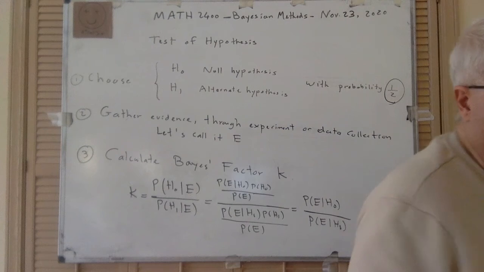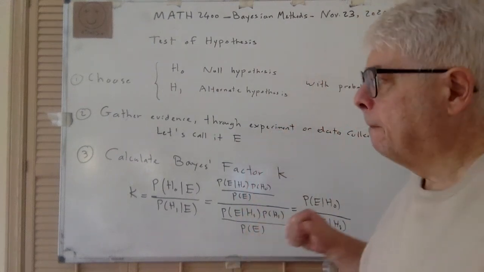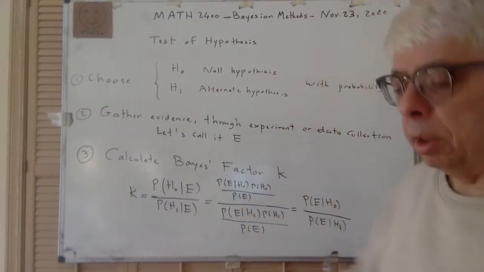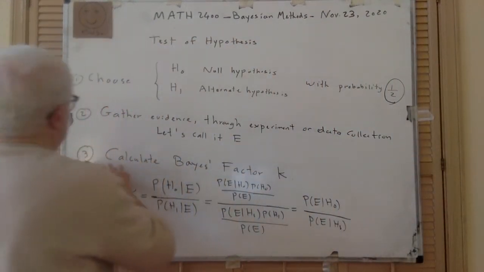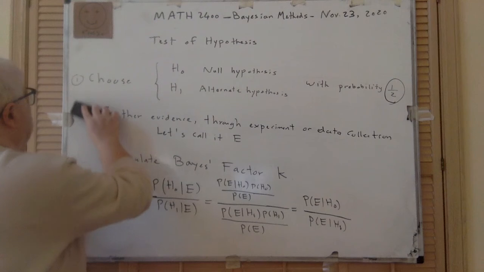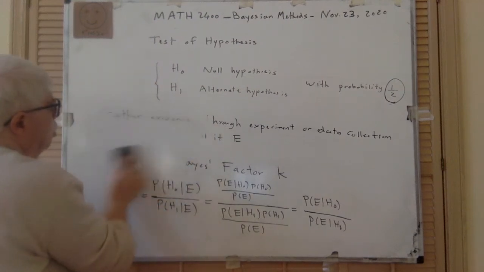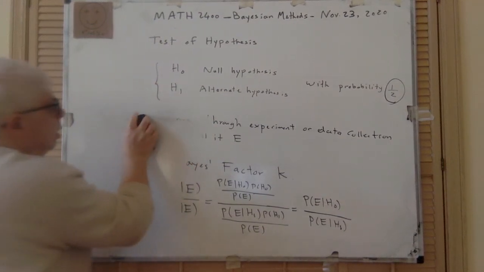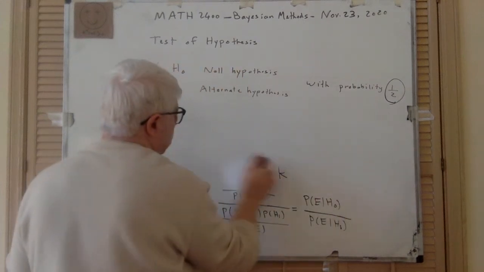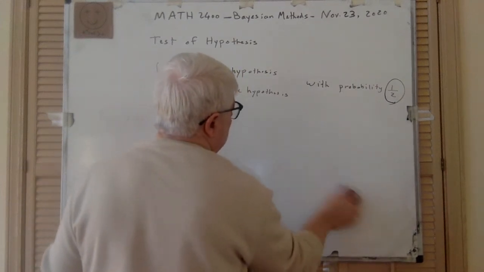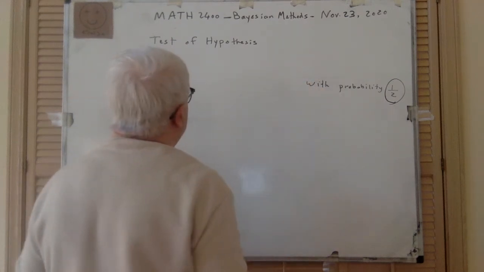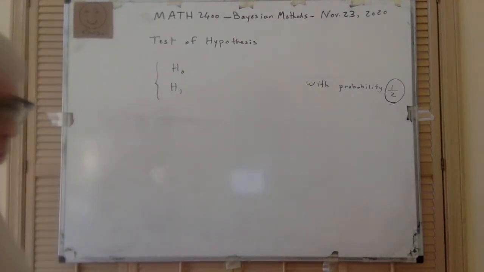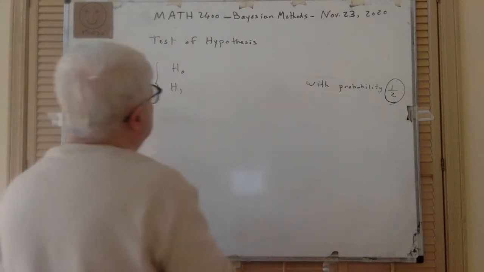But anyway, now, in situations like what we had with the coin, let me erase this. So with that coin, what would be a good H0?